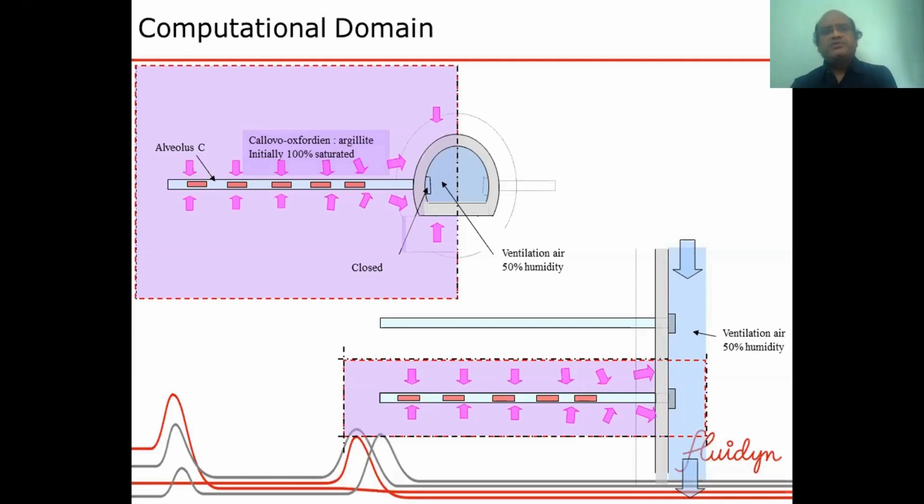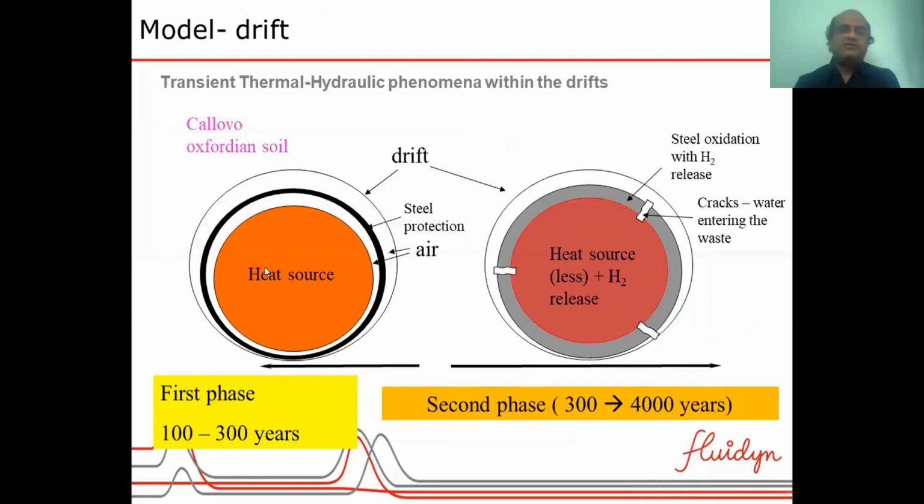These problems typically involve a heat source, because nuclear waste is actually a heat source. It can still release heat for hundreds of years. That waste is put in a very thick steel protection pipe, and then there is a gap between the steel and the surrounding rock or soil.